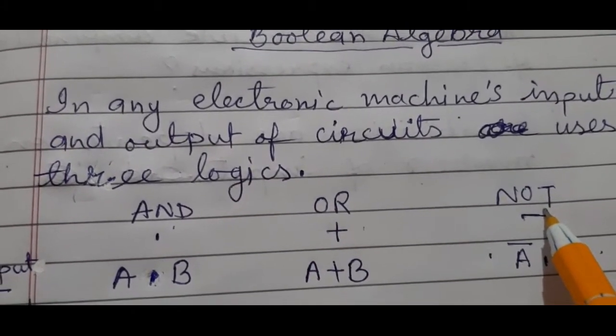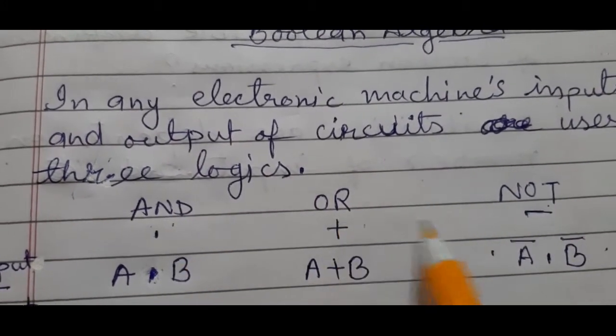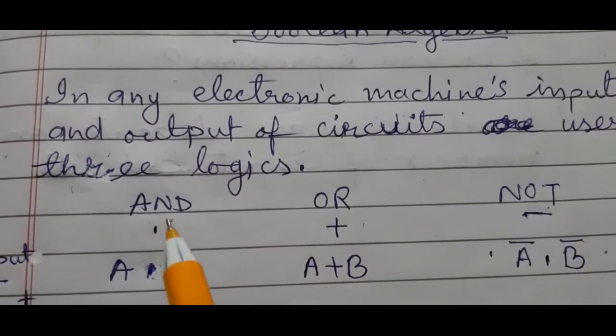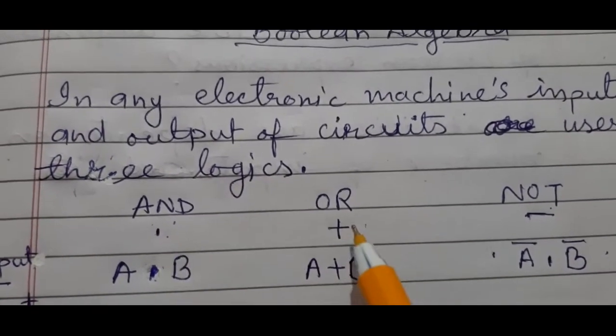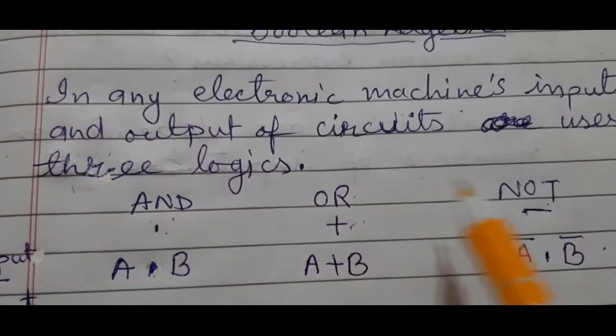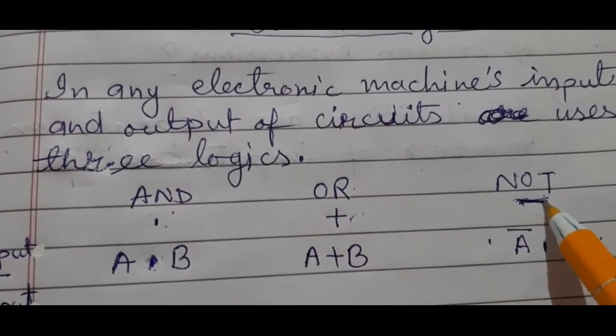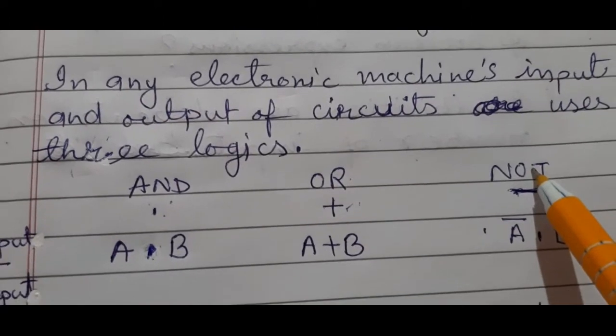In Boolean algebra, these three logics are indicated by the dot for AND, the plus sign for OR, and the upper line for NOT.